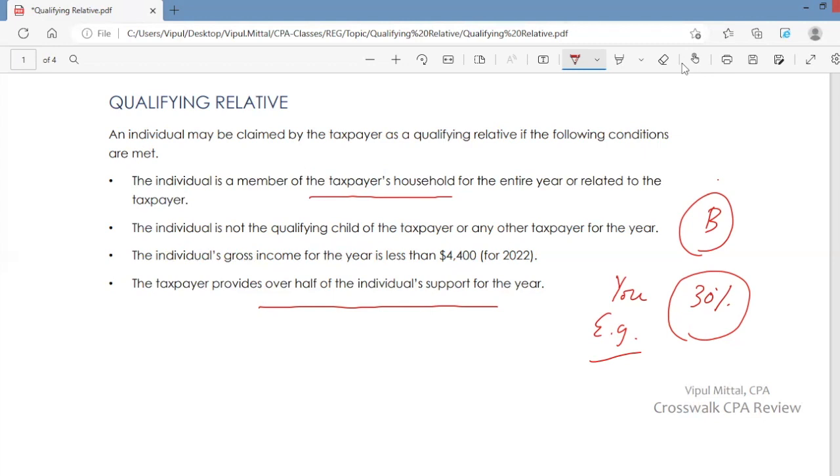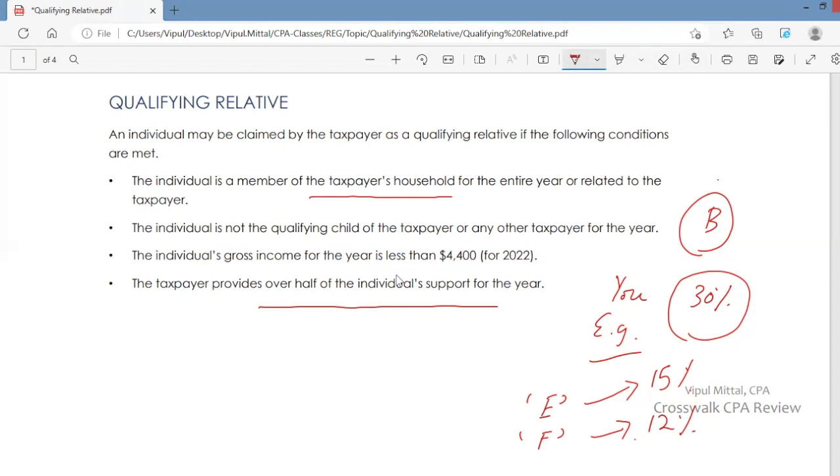But there are other individuals, for example, individual E and individual F. They also support B and they provide 15% and 12%.